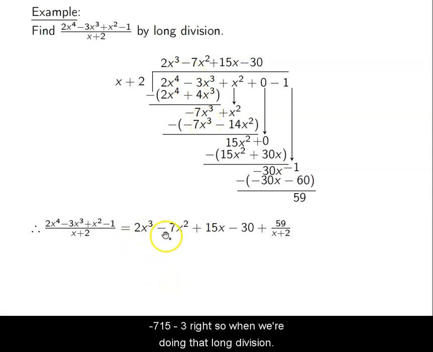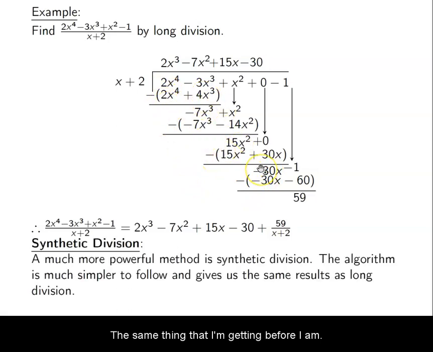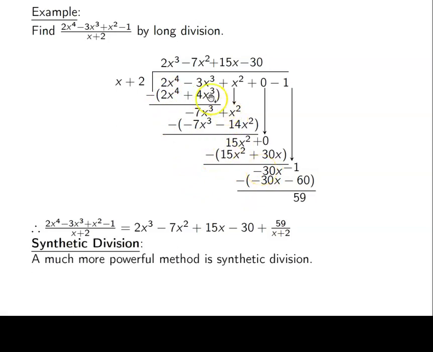Okay, 2, -7, 15, -30. So the values we get when doing the long division are the 4, the 14, the 30, and the 60.